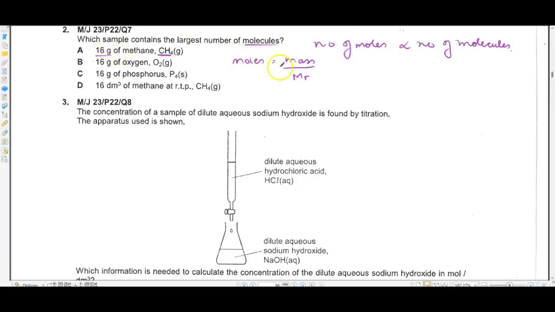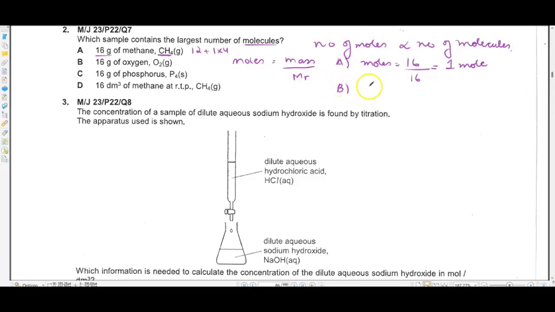So if we do the calculation for the first option, moles is equal to mass, which is 16 grams, over Mr for CH4, which would be 12 plus 1 into 4, 16. Okay. So 16 grams of methane contains 1 mole.